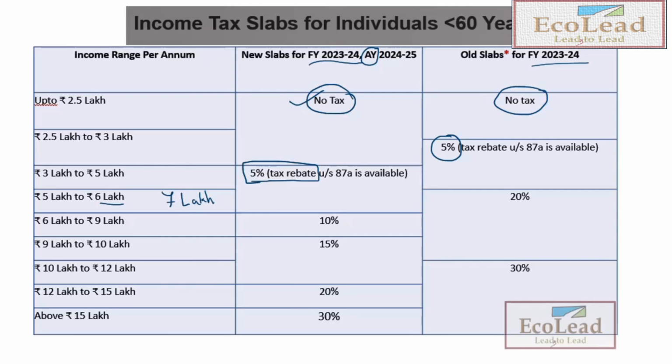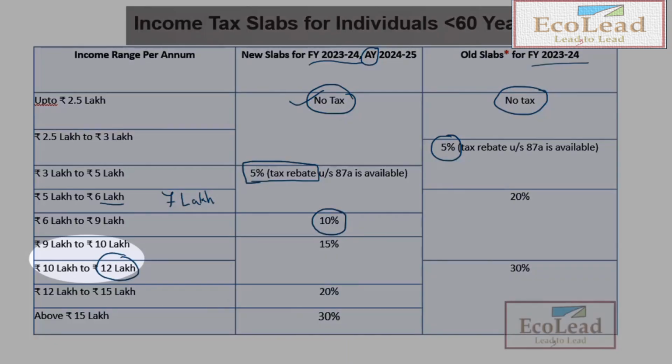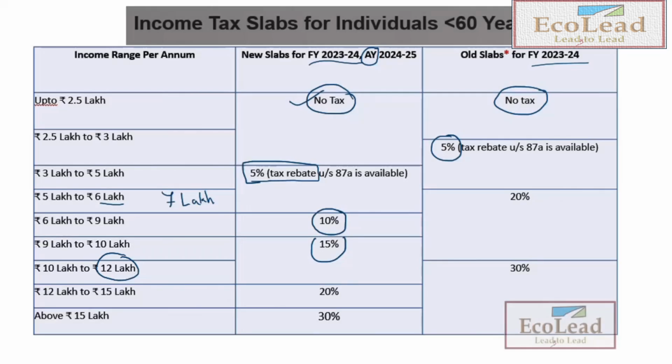Now from 7 lakh to 9 lakh, according to the new tax regime, we need to pay 10% of tax, from 9 to 12 lakh we pay 15%, from 12 to 15 lakh we pay 20%, and above 15 lakh it is 30% of tax.